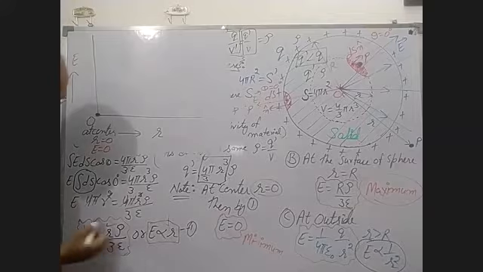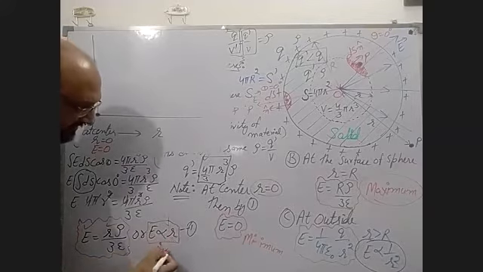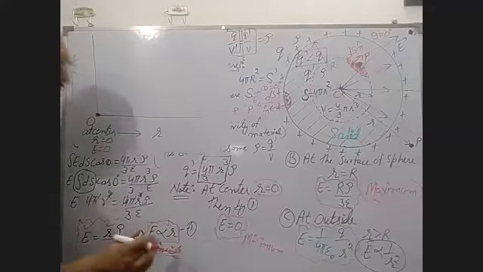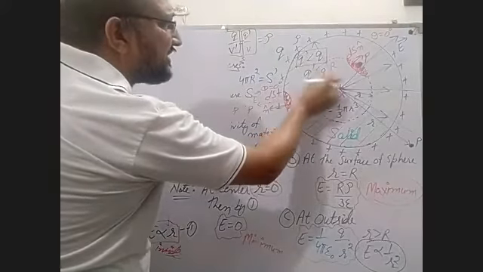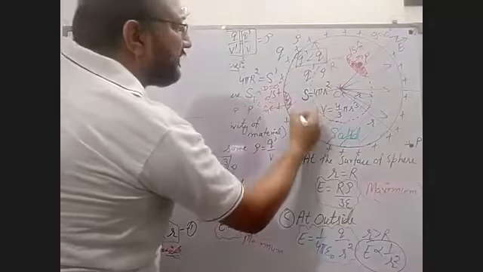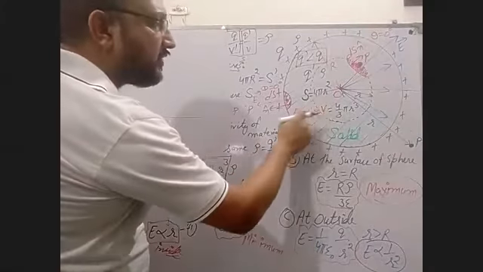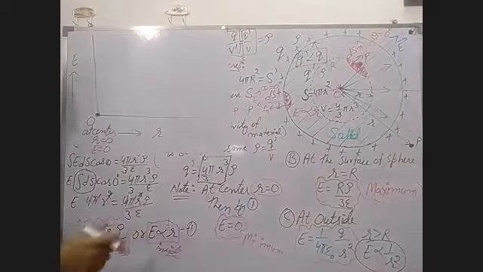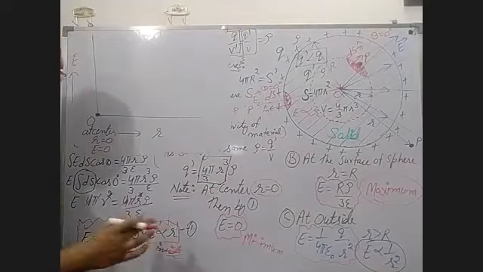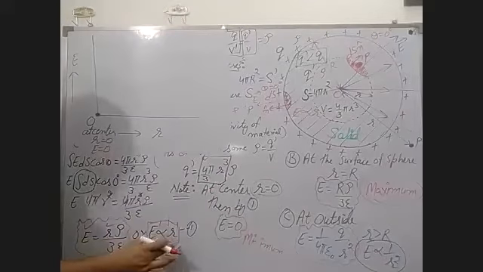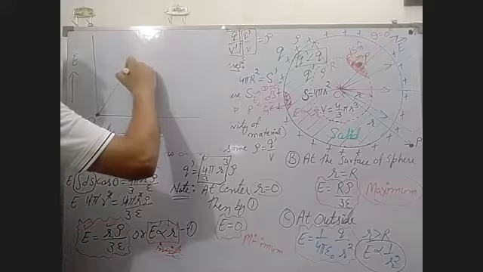Now look at this: E is directly proportional to r, but this is the condition inside, when you are moving from the center to the surface. That means if r increases, the electric field also increases. In this case, if both have power 1 and both are directly proportional to each other, then we have to take a straight inclined line.